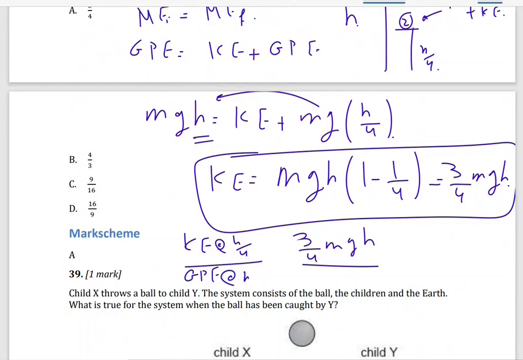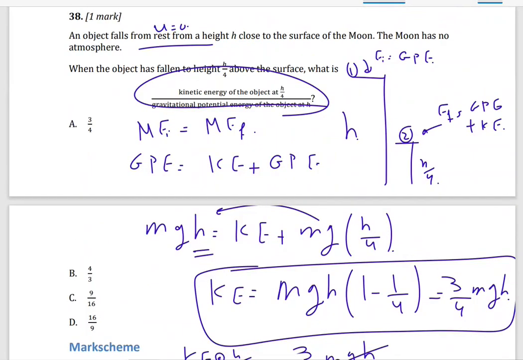The kinetic energy is 3 over 4 mgh, divided by the gravitational potential energy at height h, which is mgh. So mgh with mgh cancel out, and I will have 3 over 4. So the correct answer is A, 3 over 4. Okay, we'll continue the rest of the questions in the next video, inshallah.